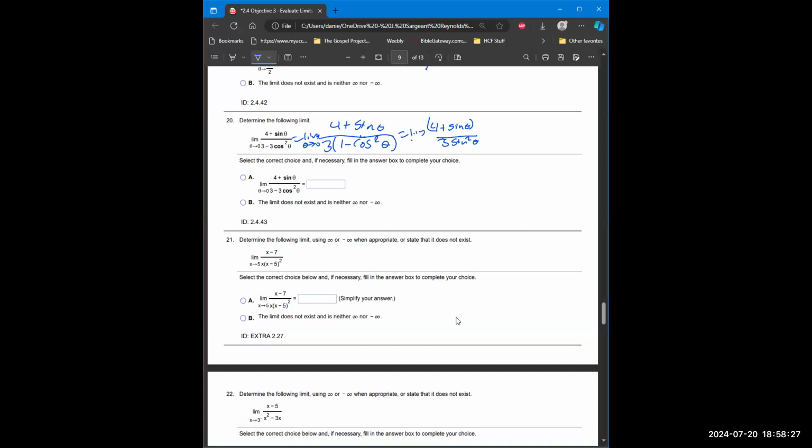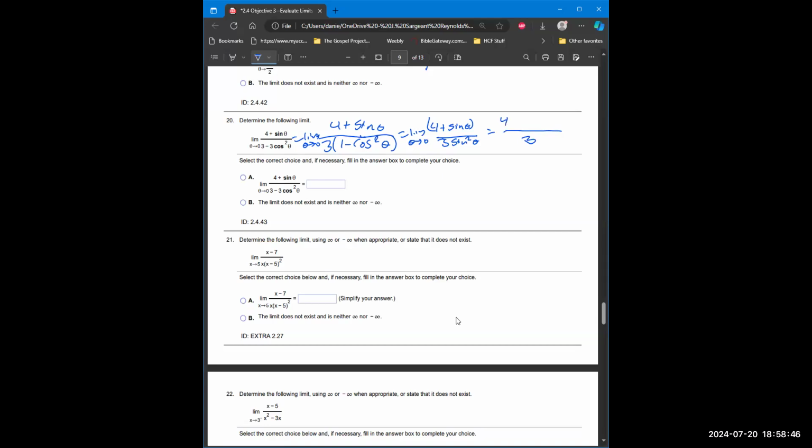Limit as theta goes to 0. And we might have to look at this graphically. We might have to look at it with a table. I'm going to try and divide here, though, and say that this is 3.